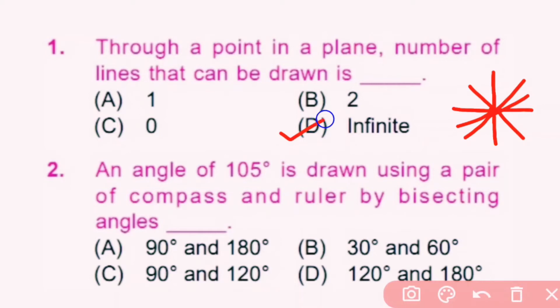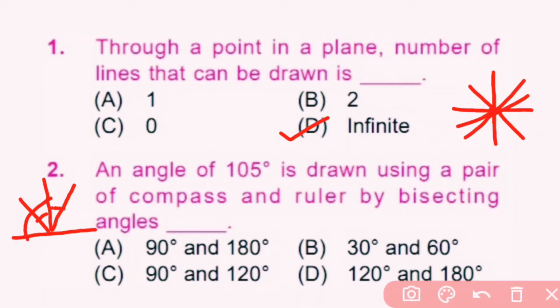Question number 2. An angle of 105 degree is drawn using a pair of compass and ruler by bisecting angles dash. So here we first need to draw two angles. Bisecting lines divide the angle into two equal parts and this angle should be 105.